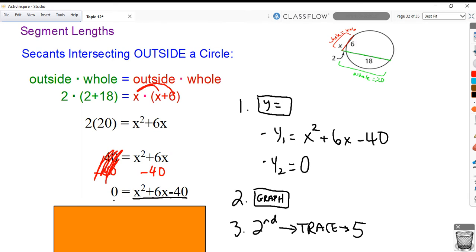After you hit second trace 5, move the cursor as close to the intersection as you can get it, and hit enter 3 times. Okay, we'll have the example in class and you can ask me questions about it. After you've watched this video, you can ask me questions about it. I can show you specifically. That is what's going to give you your solution.